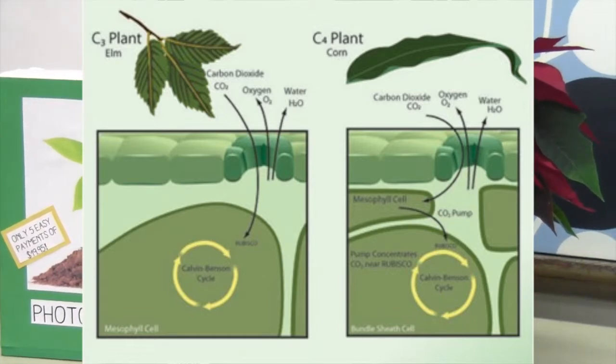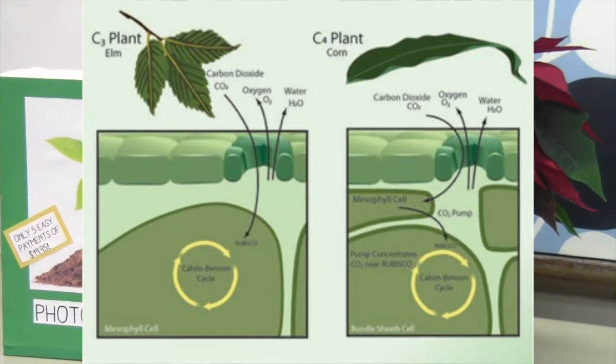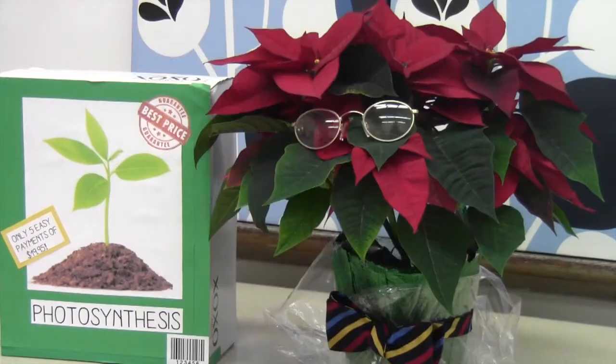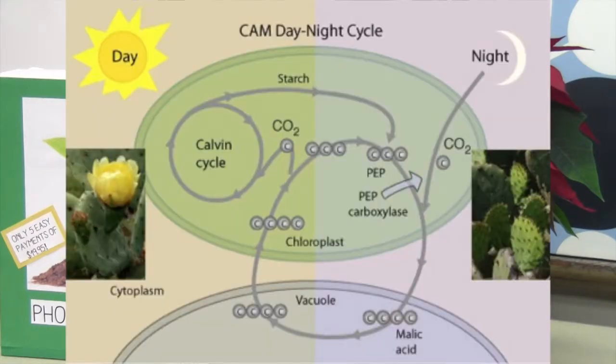C4 plants have a special adaptation that lets them make sugar even in dry weather. They keep their stomata closed for part of the time. Also, they have a special enzyme which mines carbon dioxide from the air inside the leaf, even when the stomata are closed, and donates it to the Calvin cycle. A third type of plant, the CAM plant, is adapted to hot weather by only opening its stomata at night. So the carbon dioxide enters the leaf at night and the Calvin cycle takes place during the day.